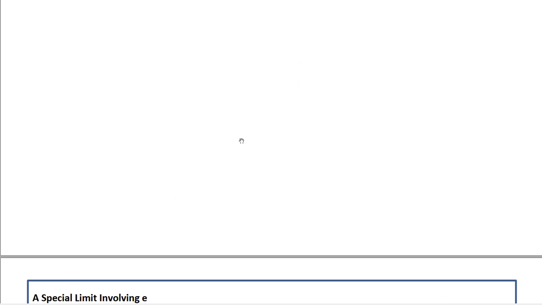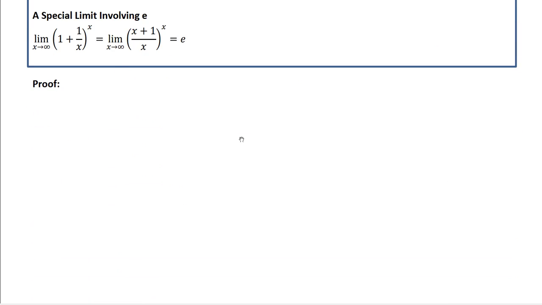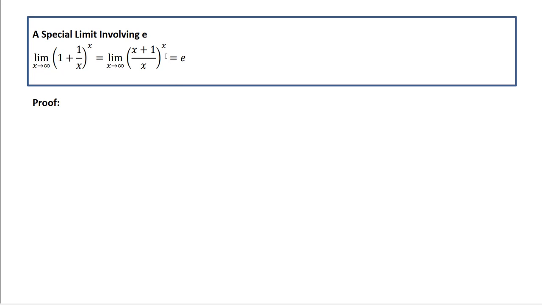Now the next page, this right here, I'm not going to prove it, but I'm going to talk about what it is. If I take a limit, and I say the limit as x approaches infinity of 1 plus 1 over x to the x power, and I can rewrite it as a common denominator here. If I actually evaluate this limit at infinity, or as close to infinity as possible, I'm going to get a value that's about e, and that's what e is, about 2.71828, something like that.